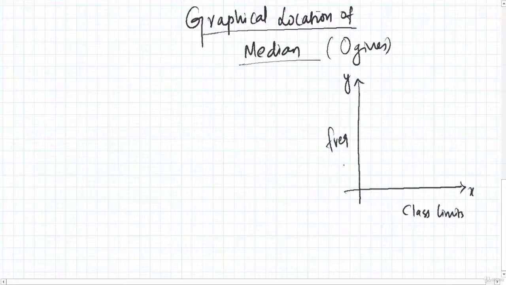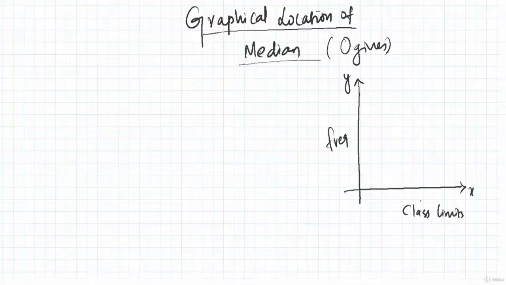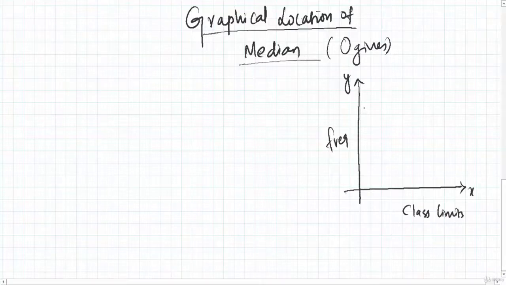If I start plotting the cumulative frequency position for more than and less than limits, then I would get a diagram like this.